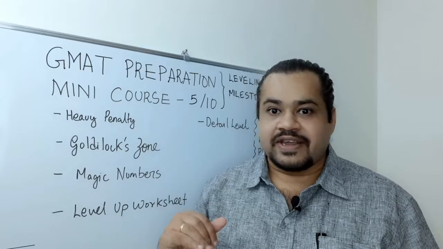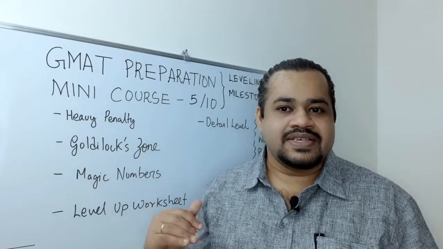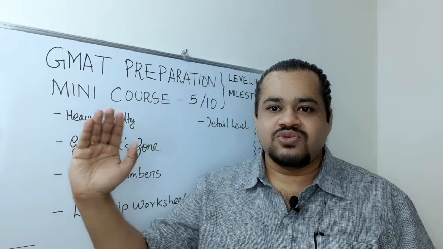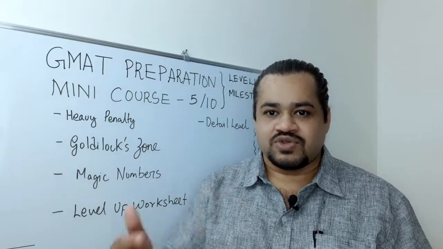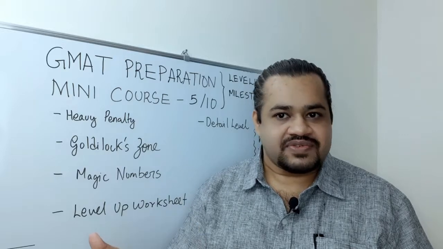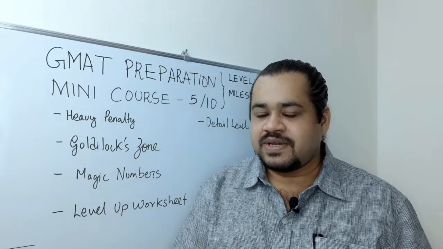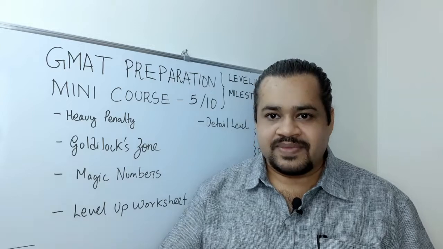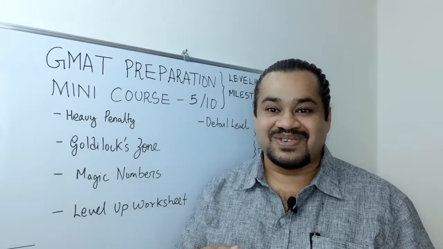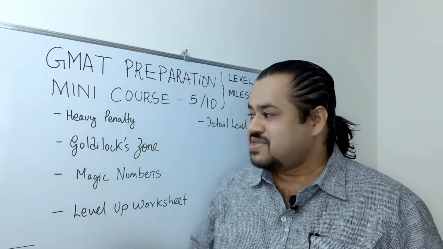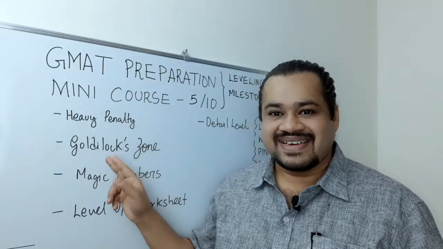You shouldn't start your timed practice too early. At the same time, you shouldn't start it too late that timed practice doesn't allow you the kind of growth that it is really meant to achieve. So you don't have time to develop if you start timed practice too late, and if you start it too early, you get demotivated because your accuracy drops like crazy. So that's why you have to time that transition correctly.